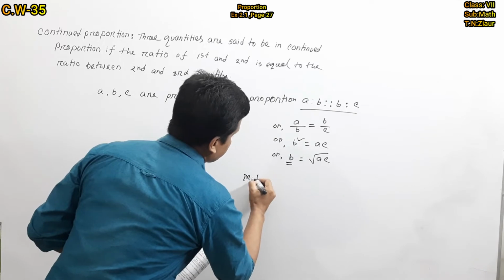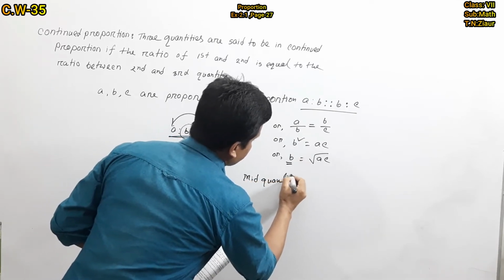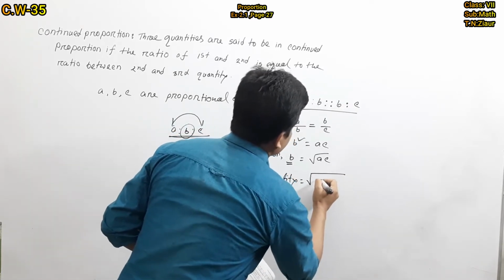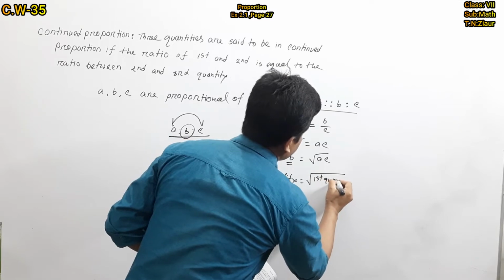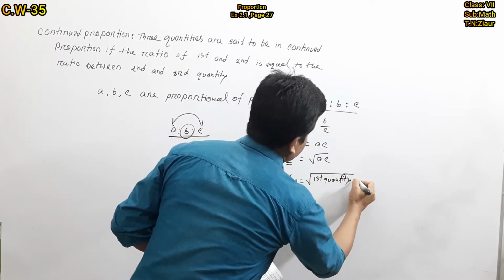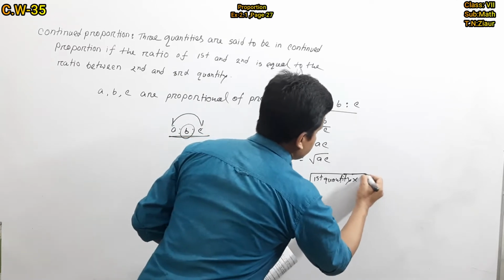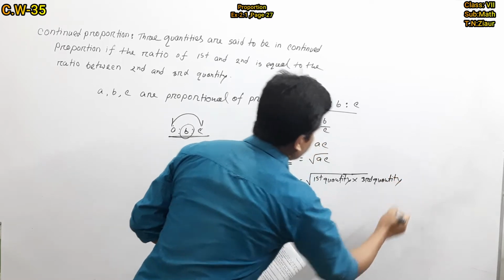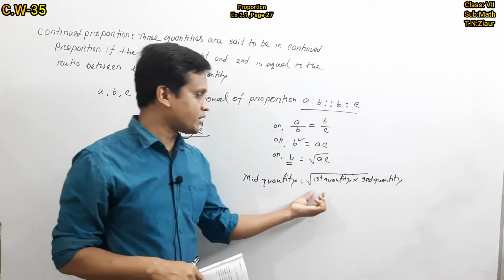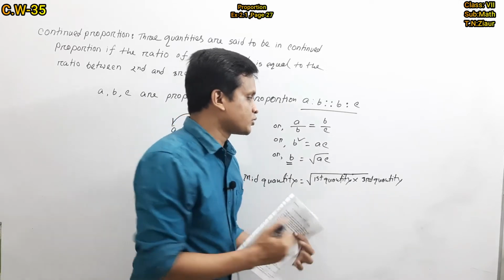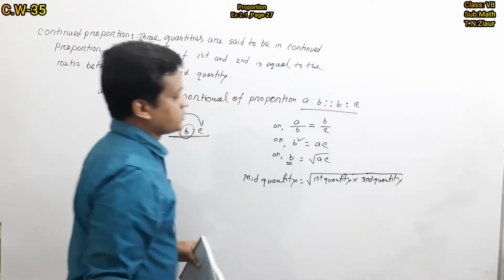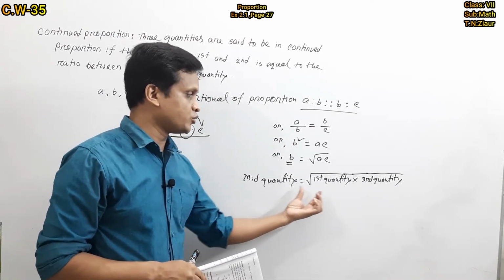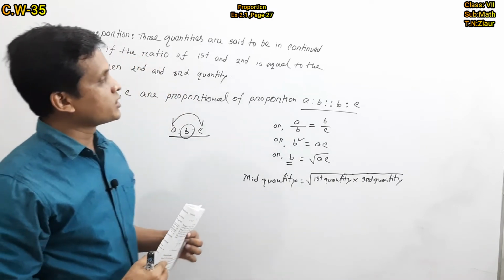The mid quantity equals root over first quantity into third quantity. Okay, this is the formula of mid quantity. If you want to find the value of the mid quantity, we have to use it this way. Okay students, have you understood?